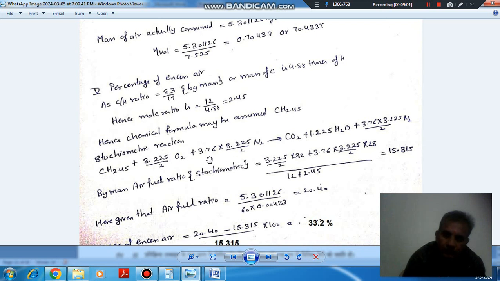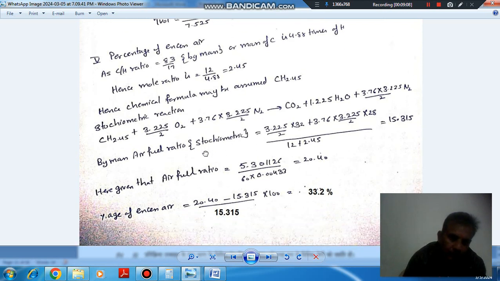Okay, so these are the number of moles. So now we can calculate the air fuel ratio, the stoichiometric air fuel ratio. If we multiply by the molecular weight, this is the air and this is your fuel. Then the stoichiometric ratio is 15.315.